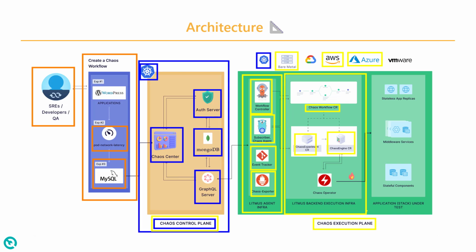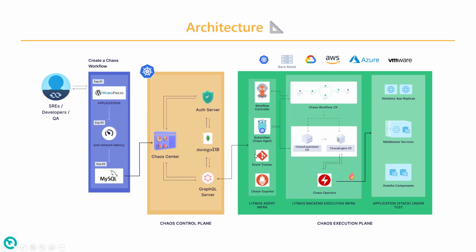This application under test could be in your AWS, or on bare metal, or in some other Kubernetes cluster. So this is the very high-level overview of the architecture. Basically, you need to install the control plane, and I recommend installing the chaos execution plane for the external agent.